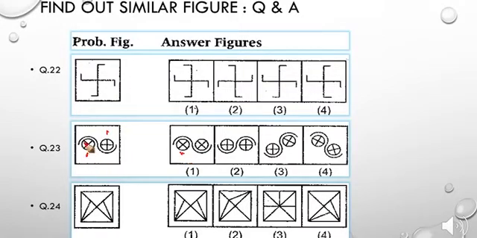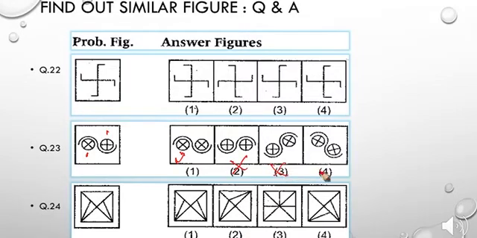In the problem figure this is circle, here also circle. In the problem figure here it is a cross inside, here also it is cross inside, so this is fine. Let's check in the second option. In the second option this design is different, so this cannot be the answer. In option 3 this circle here contains a plus sign, whereas in the problem figure it is a cross sign, so this can't be the answer.